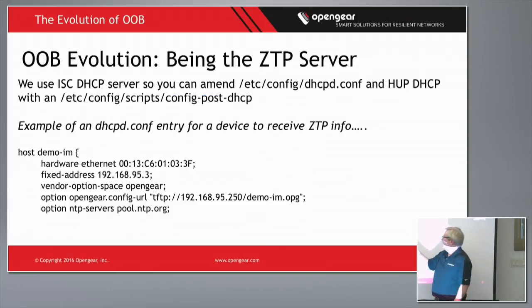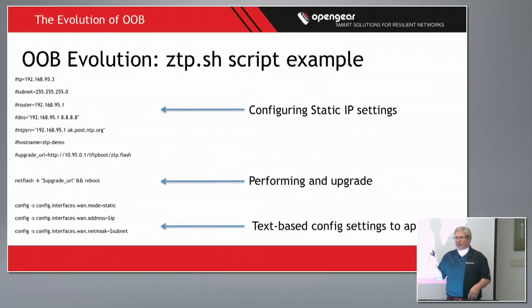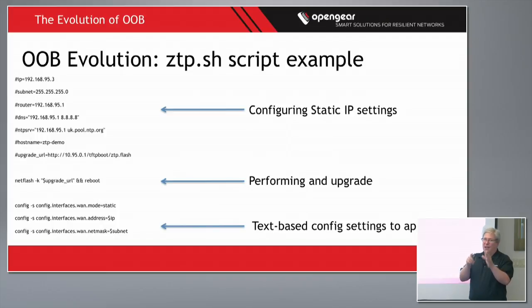And the nice feature about this is if you have an automated provisioning server and you say, I'm going to install an Opengear, and its MAC address is this, and this is its host name and IP address, the automation system can actually create the text file, and it will then name that text file with the MAC address, and put it up on the TFTP server or the HTTPS server, and then it's completely automated.